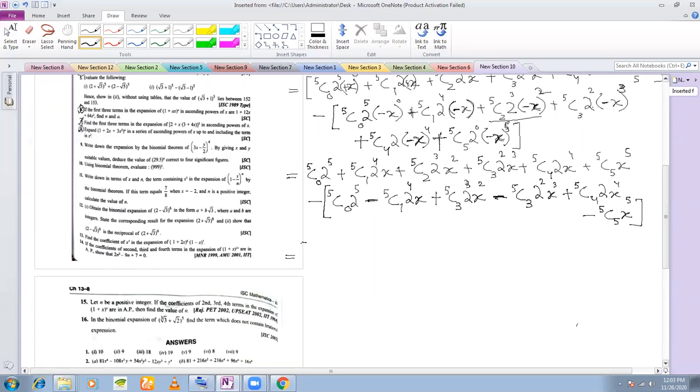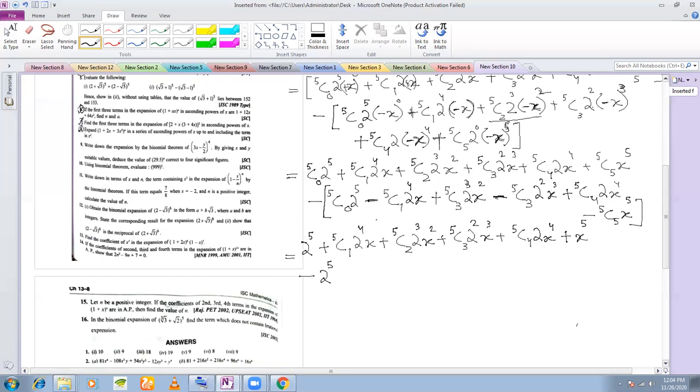Now we shall open the brackets and see what terms cancel off. 5c0, you can simply write this as 2 to the power of 5, because 5c0 is 1, plus 5c1 2 to the power of 4x plus 5c2 2 cube x square plus 5c3 2 square x cube plus 5c4 2x to the power of 4 plus 5c5, which is again 1, so simply write x to the power of 5. Minus. Now we open the brackets. 5c0 is again 1, becomes 2 to the power of 5 simply.